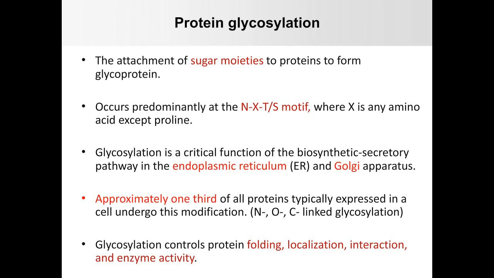N stands for asparagine, X is any amino acid, and T is threonine. Glycosylation usually happens in the ER and the Golgi apparatus, and it is estimated that approximately one third of all human proteins have this type of modification. They are either N-linked, O-linked, or C-linked glycosylation. Glycosylation controls protein folding, localization, interaction, and enzyme activity.